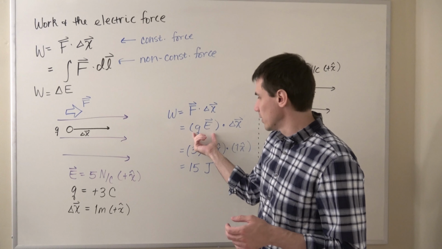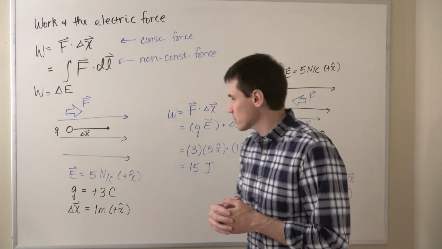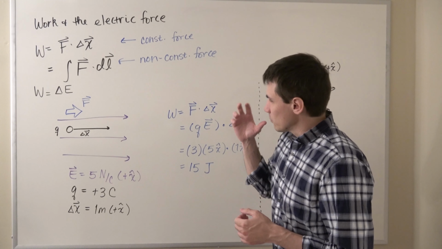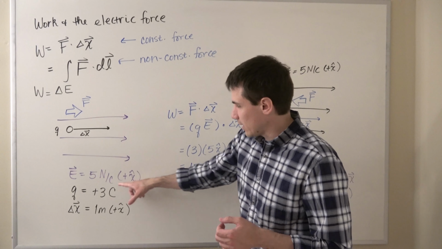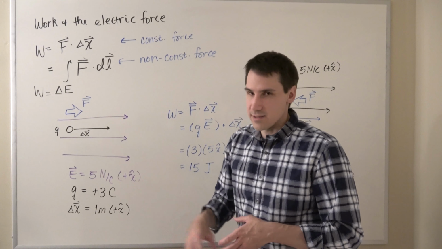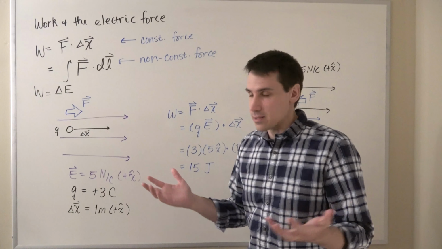This is just our relationship between charge, electric field, and force. So I can write down the electric field as 5 newtons per coulomb x hat.